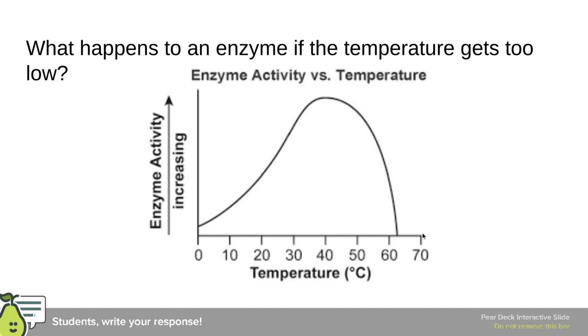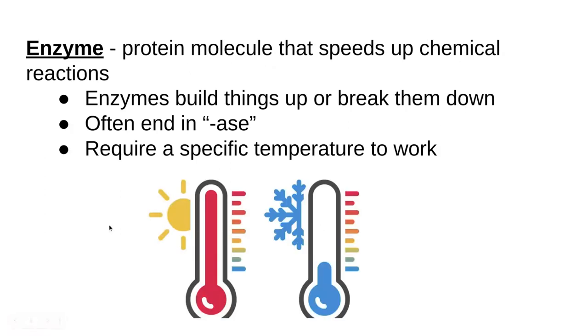Likewise, if they put you in a room, this is in Celsius, but let's say 110 degrees, it's probably not the optimal temperature for you to run a marathon or do 100 push-ups. So the middle temperature works the best. So enzymes require a specific temperature to work, and for each enzyme that might be different. One enzyme might work best at 70 degrees, the other might work best at 30 degrees.